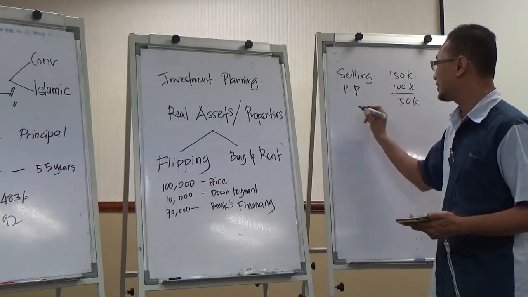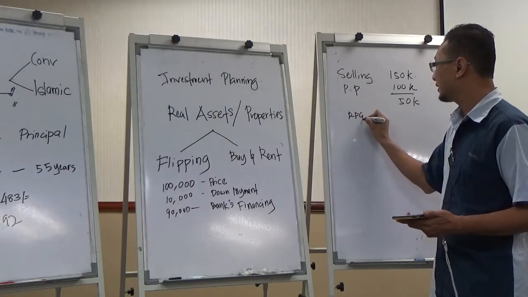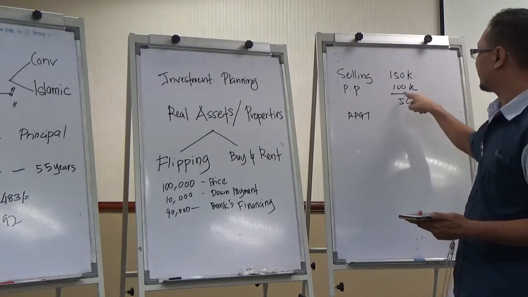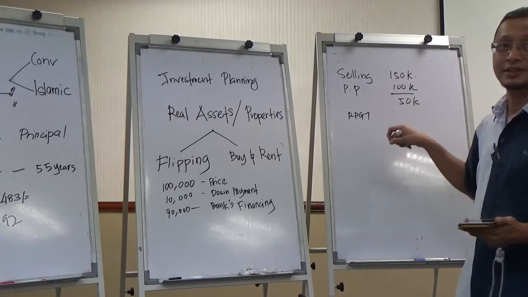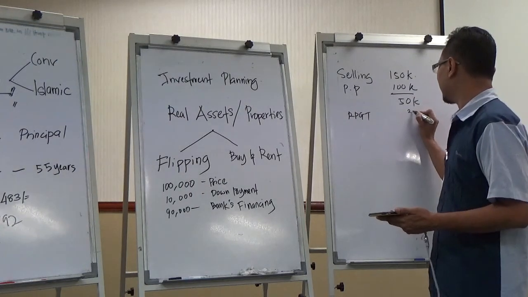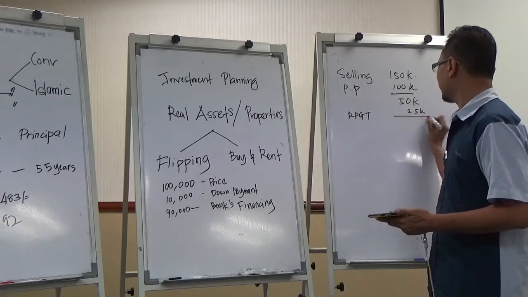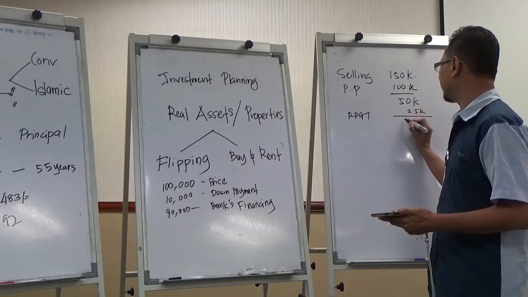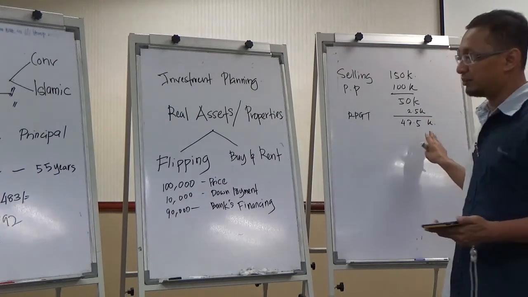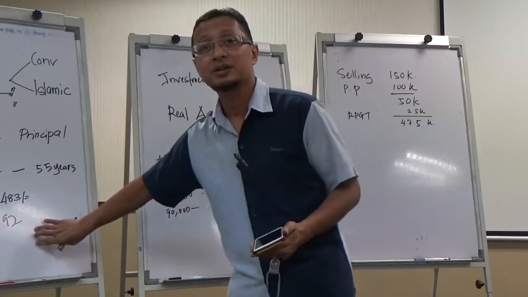RPGT is on the original price? No, based on the profit margin. Okay, so 2.5k, so you should be getting about 47.5, but you need to also minus this cost.